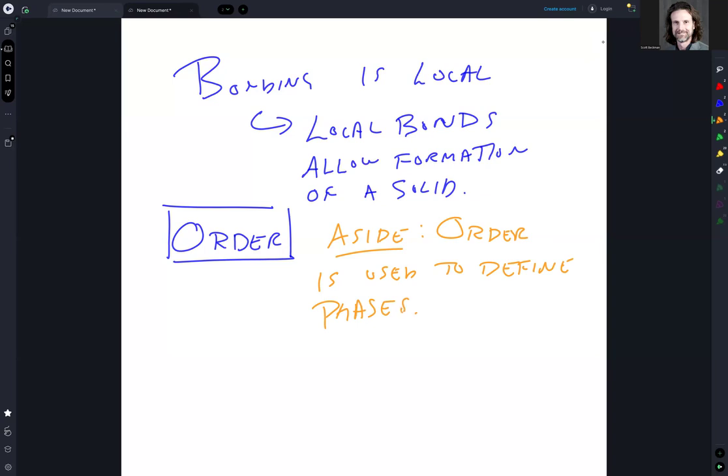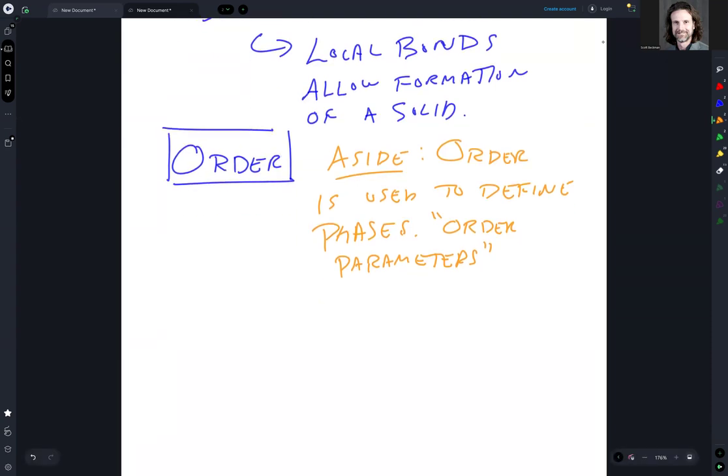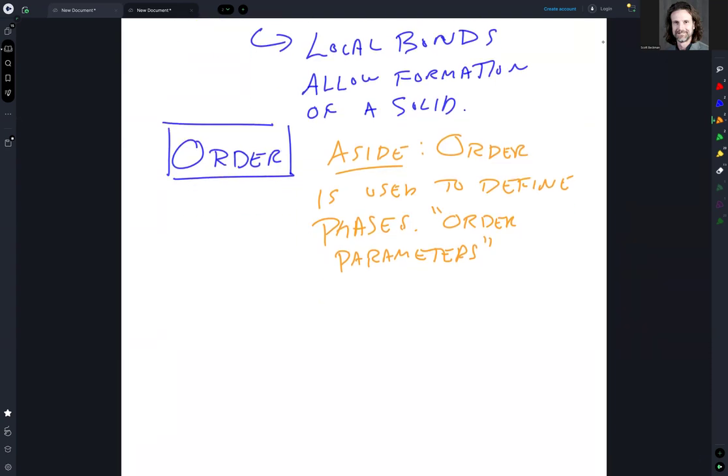And when you get into thermodynamics, you'll talk about order parameters, which are a direct measure of what phase is present.